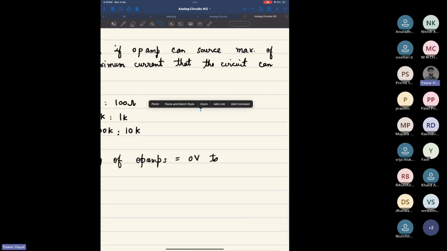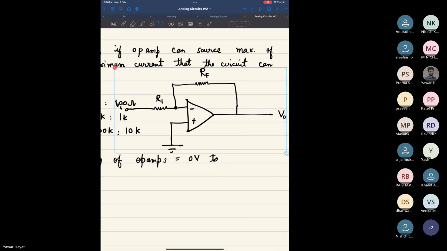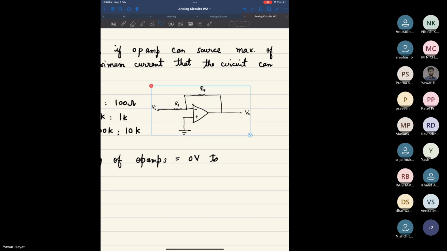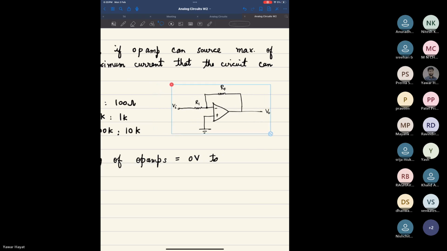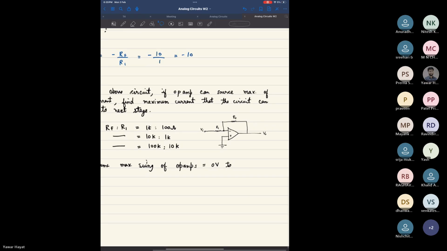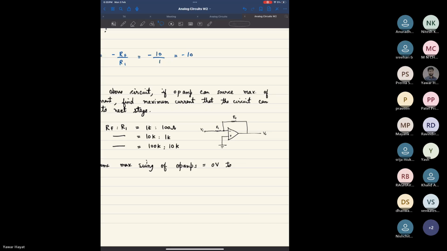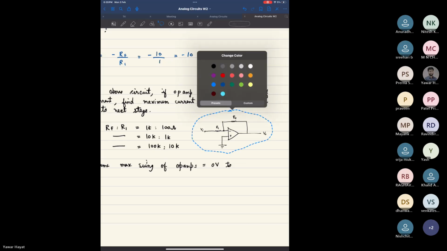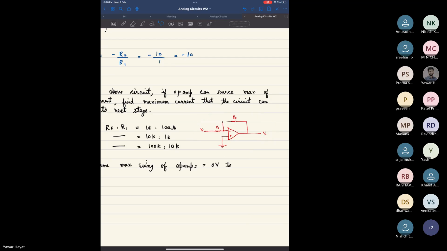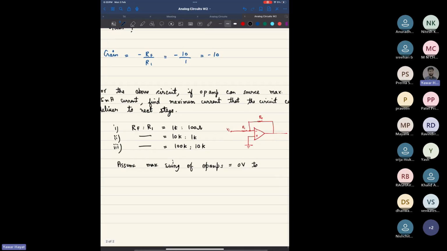Copy paste it. Fine, this is your diagram. Maximum swing of op-amp is 0 to 10 volts.